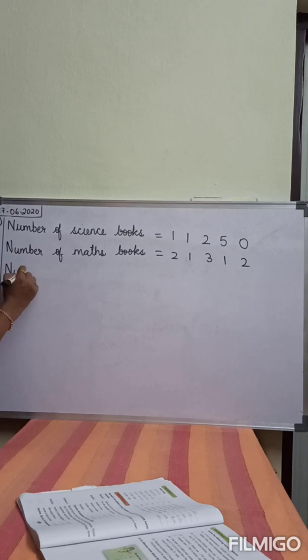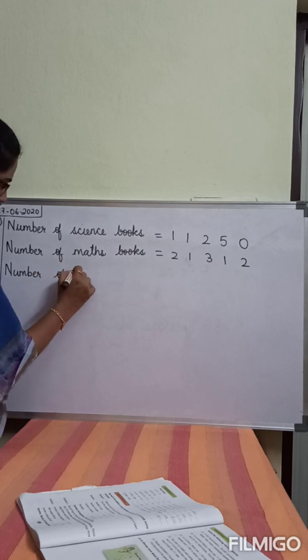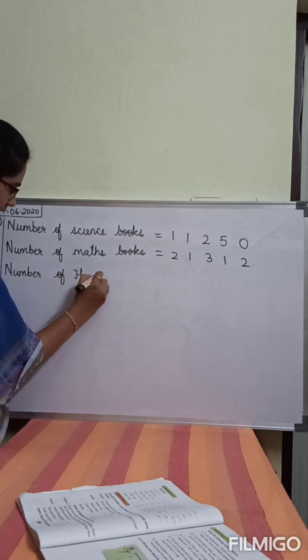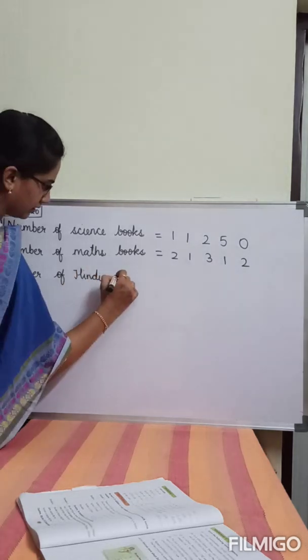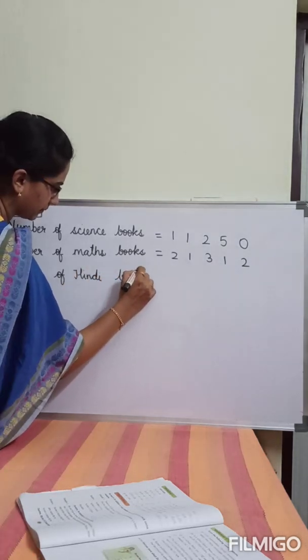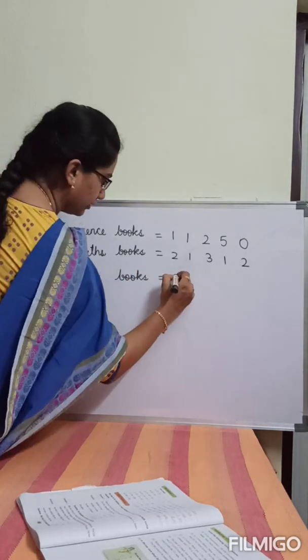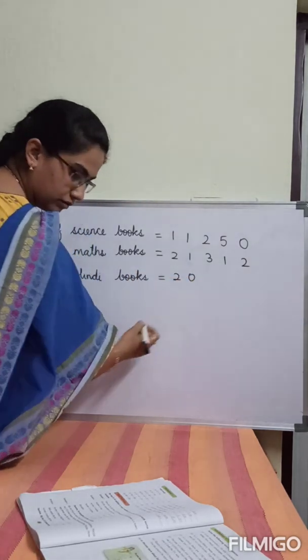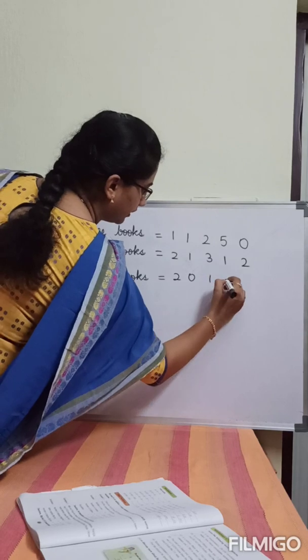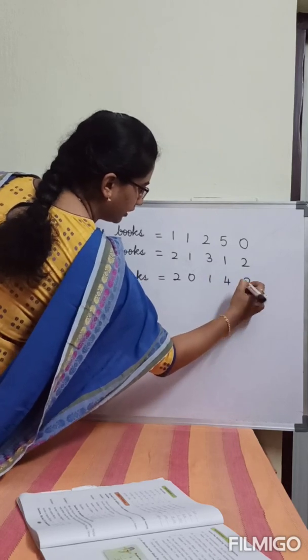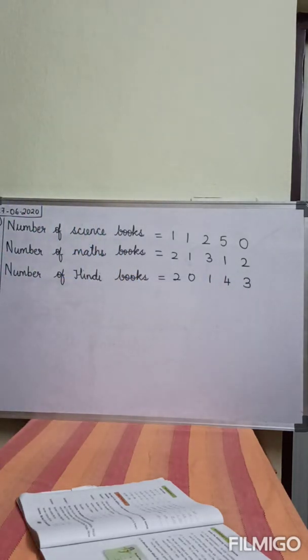Number of Hindi books is equal to 20,143. Have you placed all the digits properly under their place values?